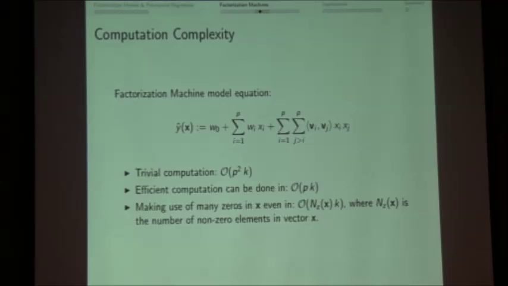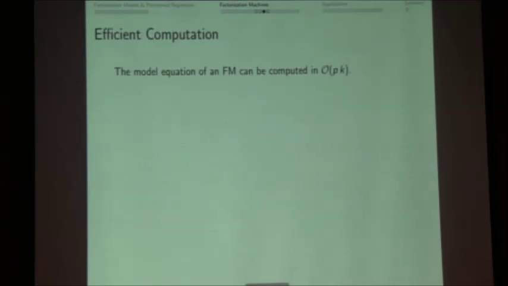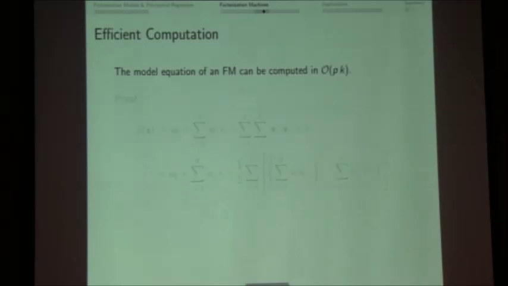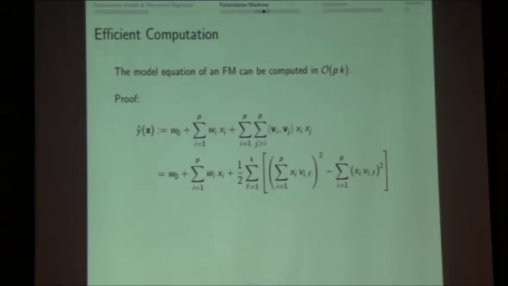You don't have to go over the zero values because 0 times something is anyway 0. So you can compute this whole equation in the number of non-zeros in the input vector times your factorization dimension. Compared to a polynomial regression, there you would have p squared, or number of non-zeros squared, many operations. So I will skip the proof; if you are interested, look it up.